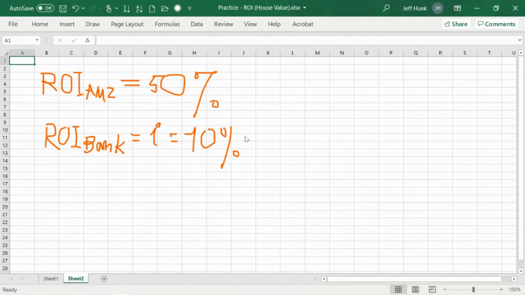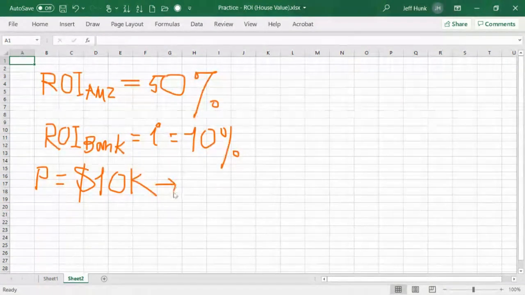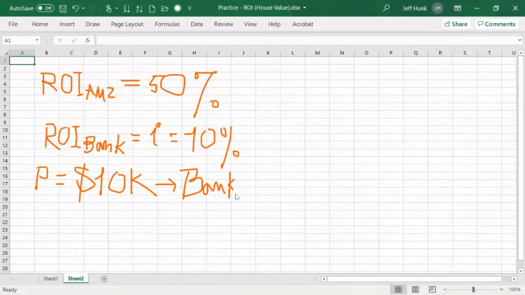So think about it. You put your $10,000, 10K, your principal, in the bank, and they are supposed to give you 10% return.